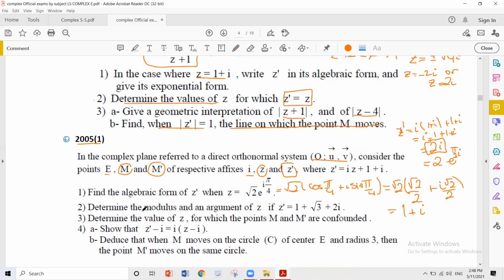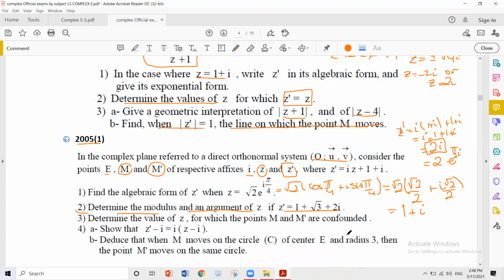Part 2. Determine the modulus and the argument of z if z prime equals 1 plus radical 3 plus 2i. How to determine the modulus and the argument?